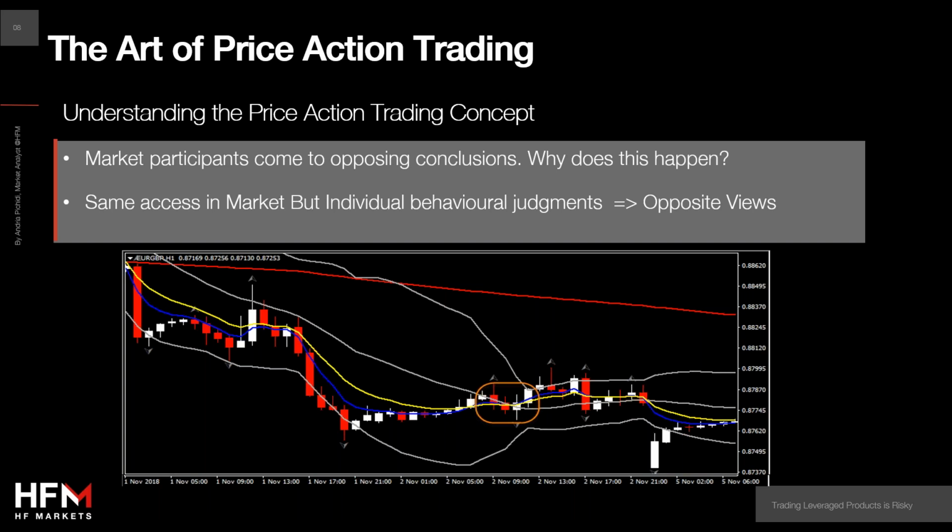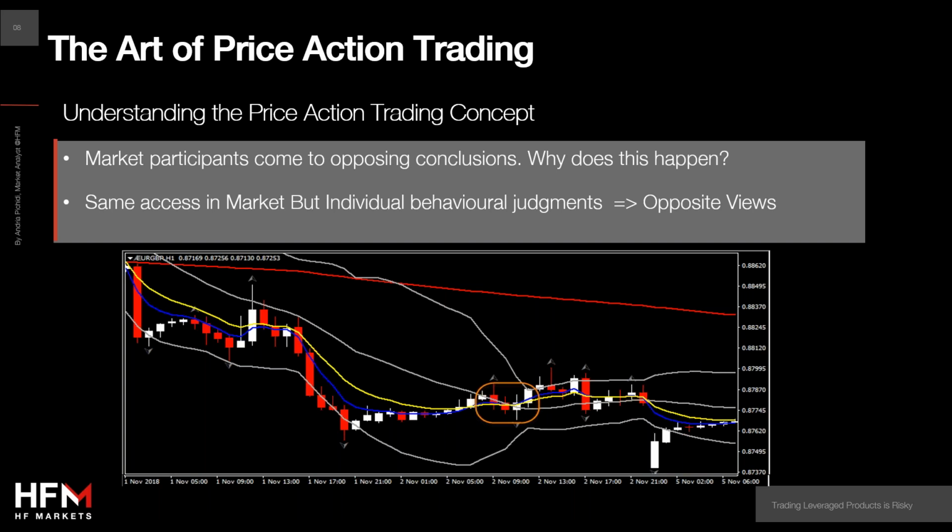Because if something is visible to the other person but not to you, you shouldn't follow his approach, because his decision was based on a very different point of view.